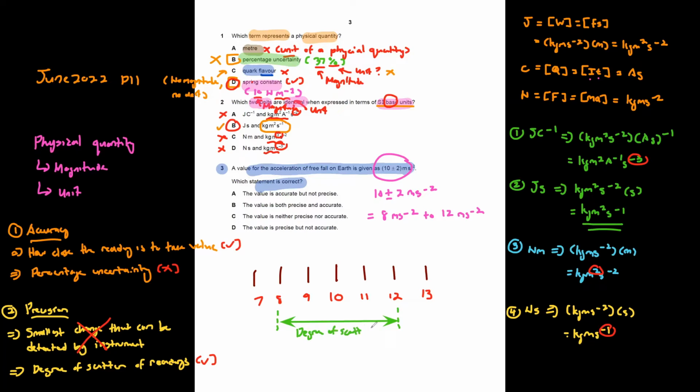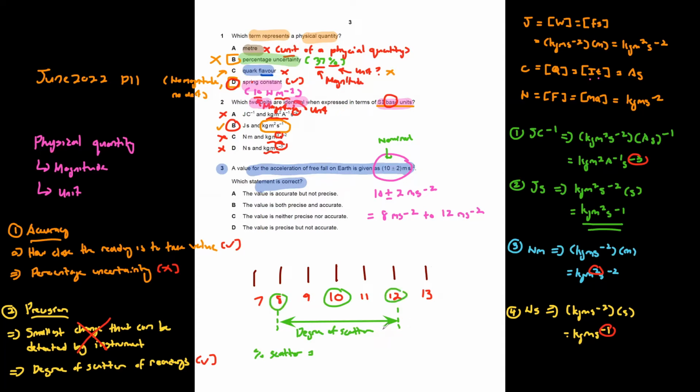Okay. Now, if you try to find the percentage scatter here and compare with your nominal value, this 10 here is what you call your nominal value, or some people call it the normal value. All right. So if I try to find the percentage scatter here, I know my value is from 8 to 12.